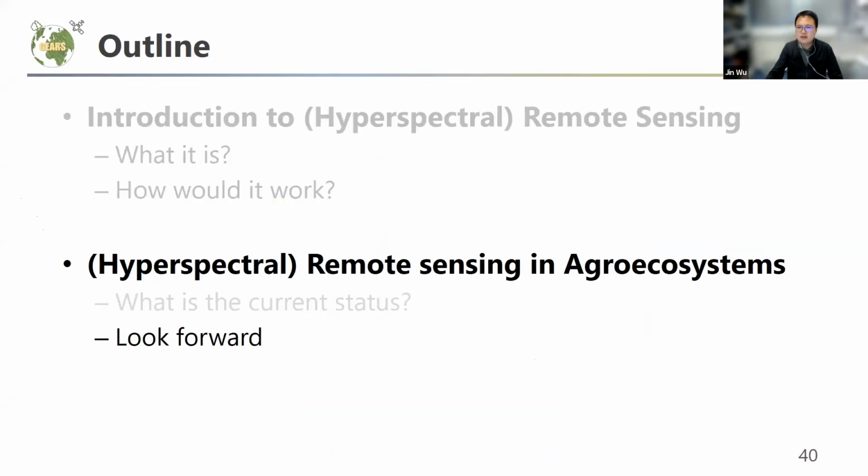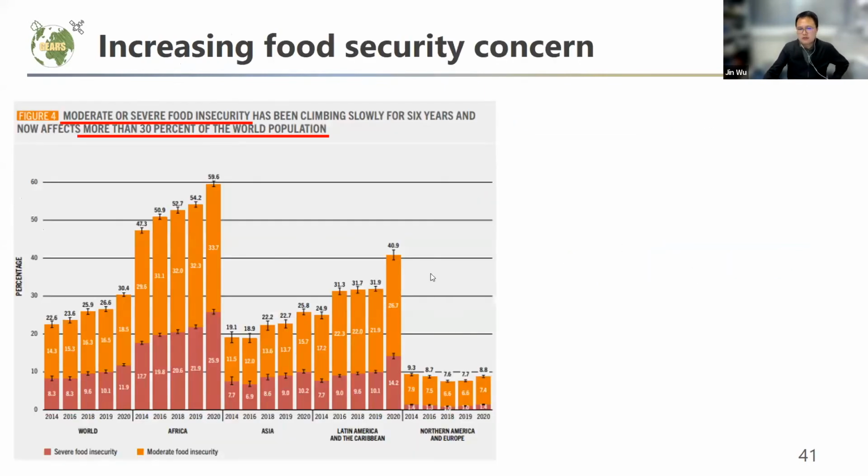So now, if we look forward, I think everyone has probably already realized this. Let's base it on the FAO report.